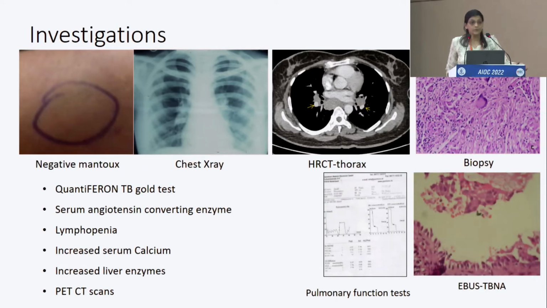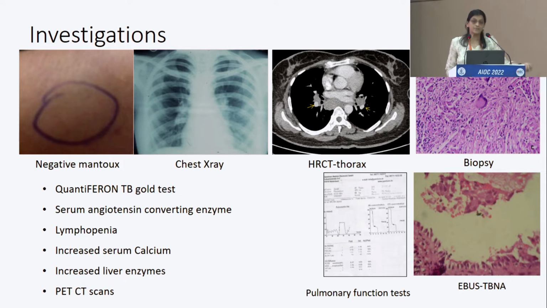So generally, when we see a patient with suspected sarcoid, these are the investigations which we do: the Mantoux and the QuantiFERON TB Gold. Radiology, preferably we look at the high resolution CTs. And these cases usually have lymphopenia, especially if they are detected very early. You can have a drop in the lymphocyte counts.